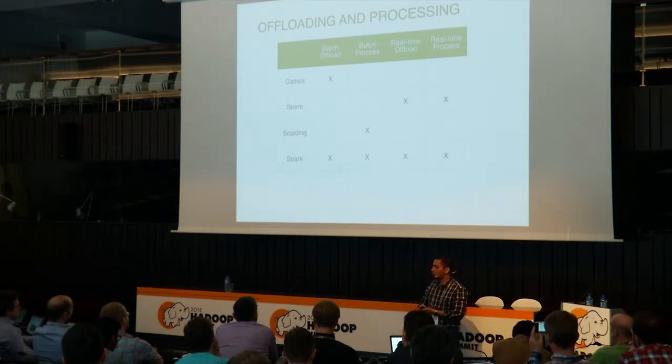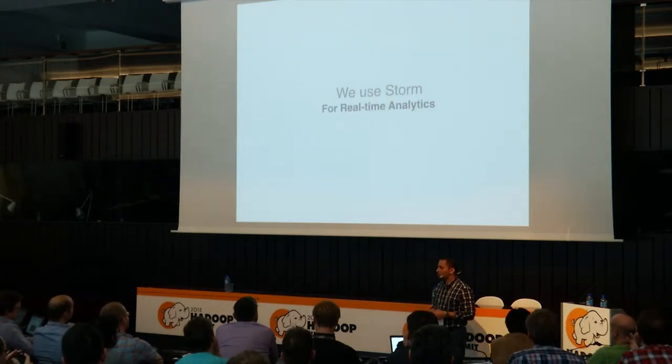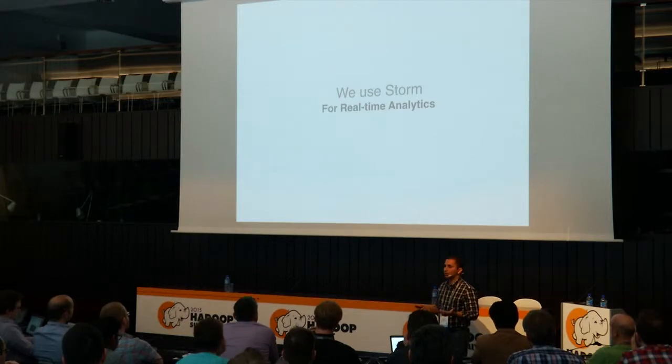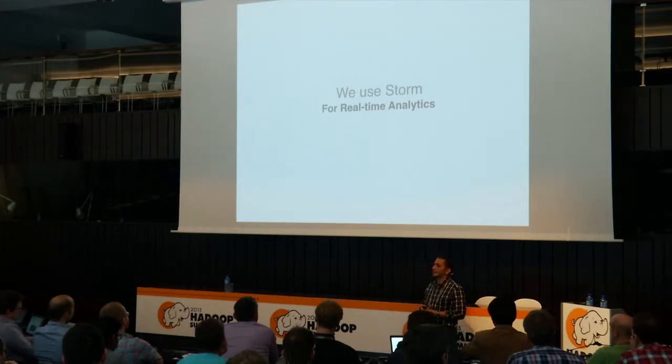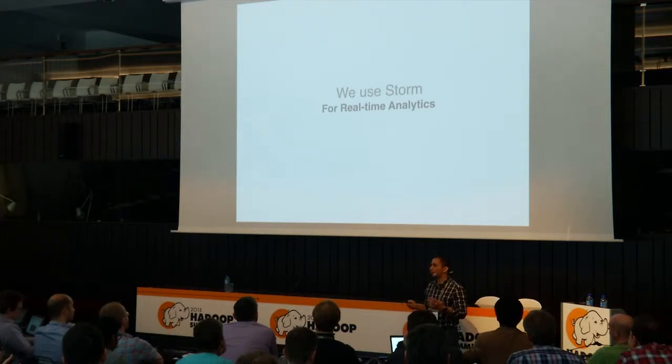Or you can go with Storm, which does the real-time offloading and the processing of the data. So we at Lookout use Storm for some of our pipelines for real-time analytics, and mainly pipelines which involve a combination of views into them.